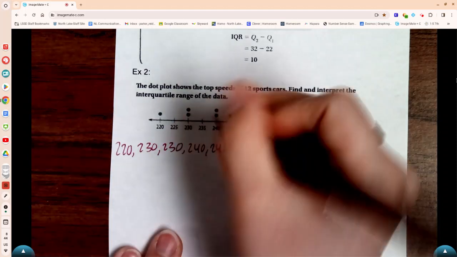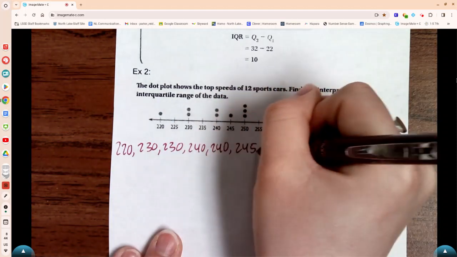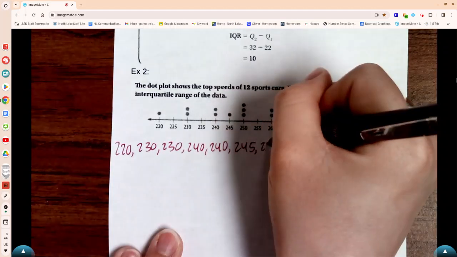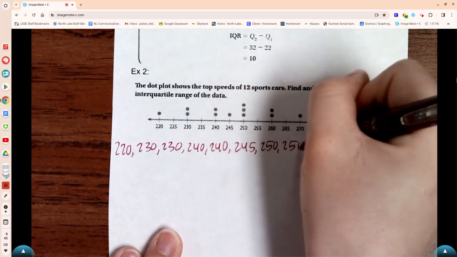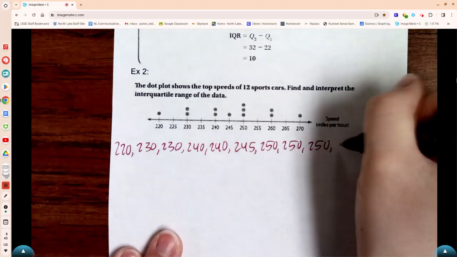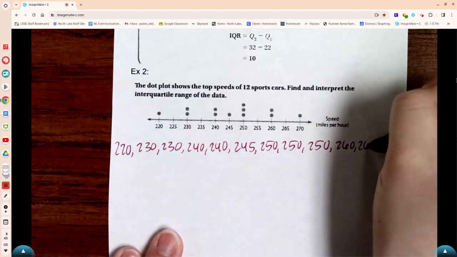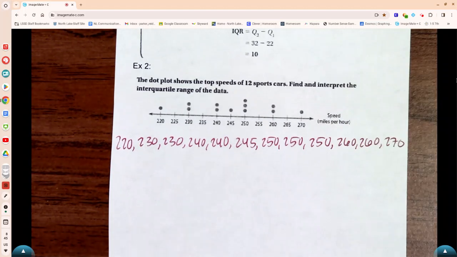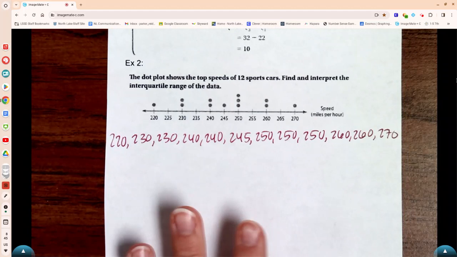Next, I have 245. And I have 250 3 times. 250, 250, 250. 260 twice. And finally, 270. So my data is currently ordered from least to greatest.